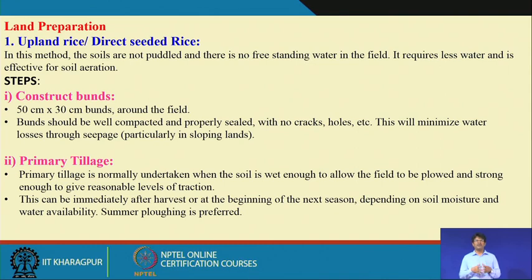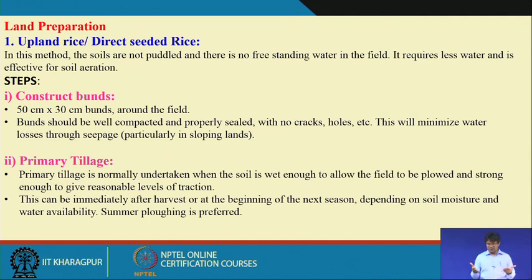In those places, or especially in the upland ecosystems, where water cannot be retained, we go for direct seeded rice. But in other cases, medium land and lowland ecosystems having assured rainwater, where water can be stored, we go for transplanted rice cultivation. First, let us discuss upland rice, the direct seeded rice. In this method the soils are not puddled.